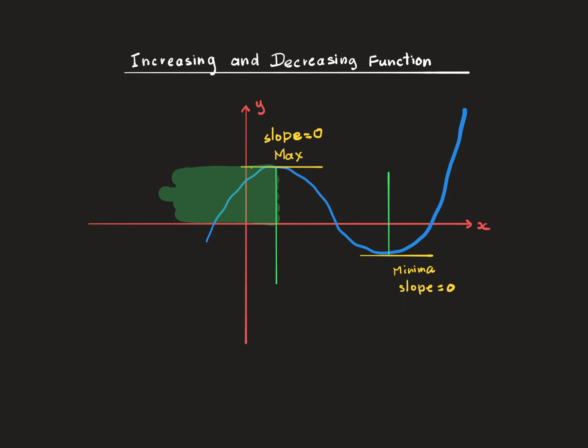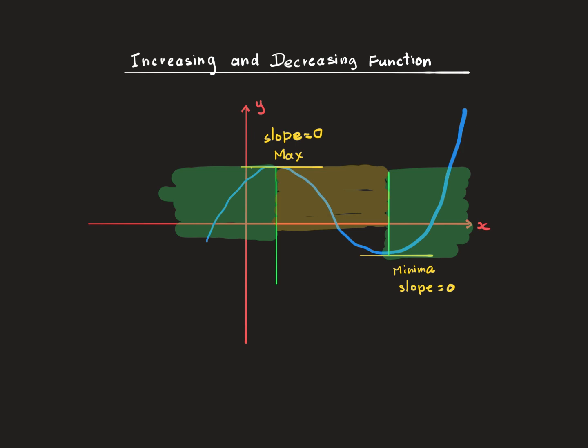You can also see that all the points above the minimum here are also increasing. On the other hand, the points between the maxima and the minima will be seen to be decreasing.